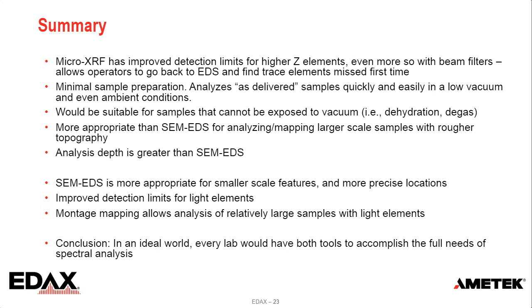Next question is why EDS is more sensitive in the low energy range. So there are a couple of reasons. EDS excitation comes from electron-sample interaction within the sample itself.